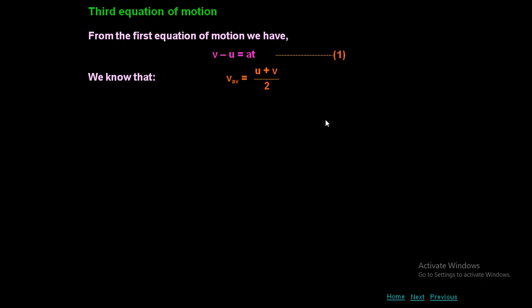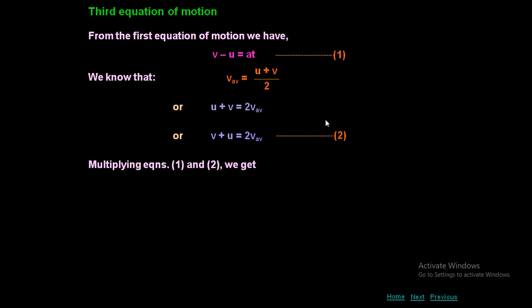Now we know that v average equal to u plus v by 2, or u plus v equal to 2 into v average, or v plus u equal to 2 into v average. This is equation 2. Now you can multiply equation 1 and equation 2.